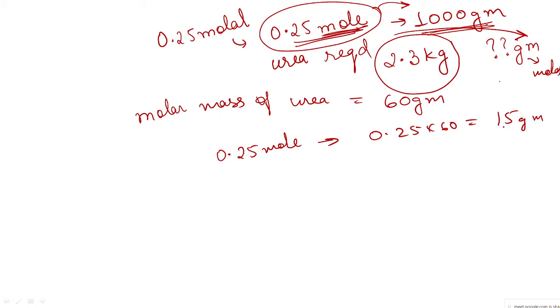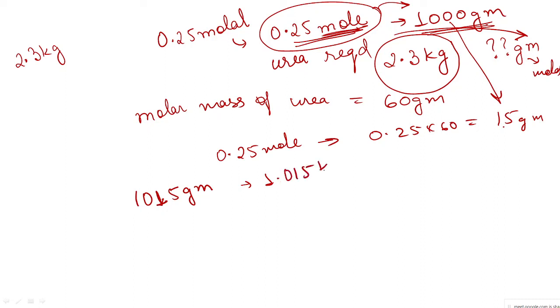Now this 15 gram is added to 1000 gram. Now the total mass of the solution will be 1015 gram. Since the values in the initial stage were given in terms of kilogram, 2.3 kg, we have to convert this into kg, so you will get it as 1.015 kg.